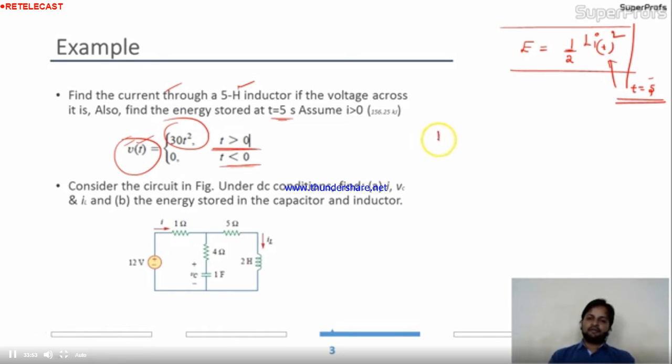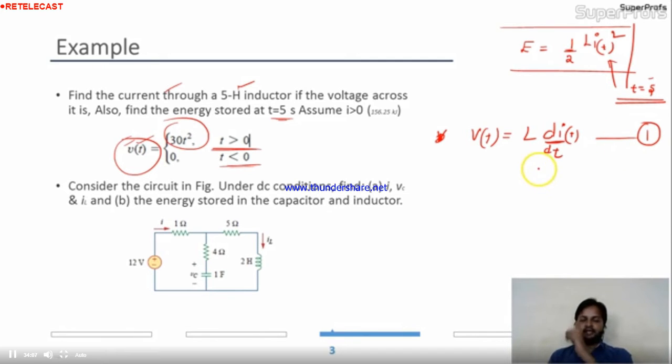Do you remember that formula? v(t) is nothing but L di by dt. This is the current and voltage relation for the inductor. And this is given for t greater than 0.